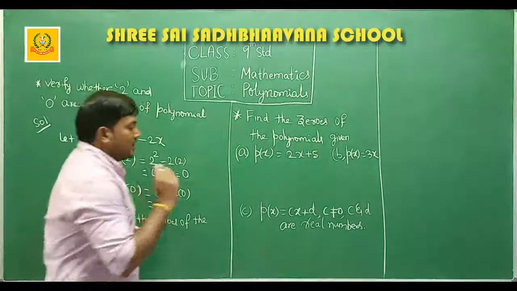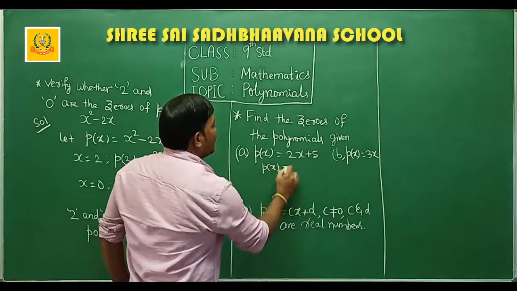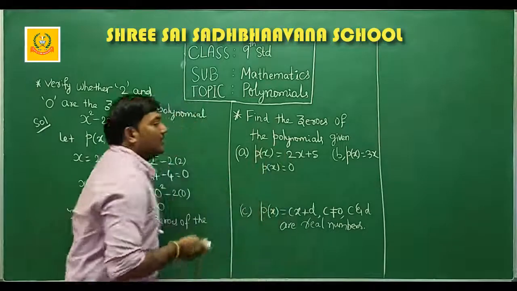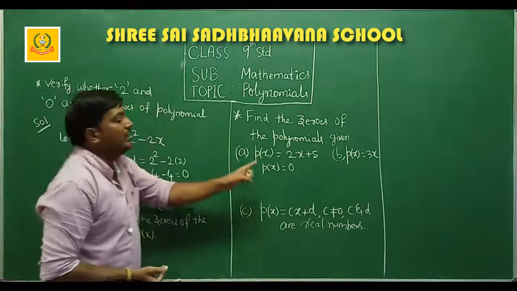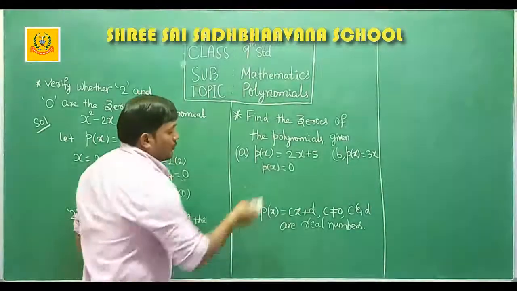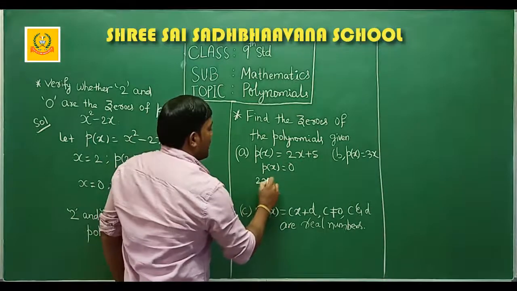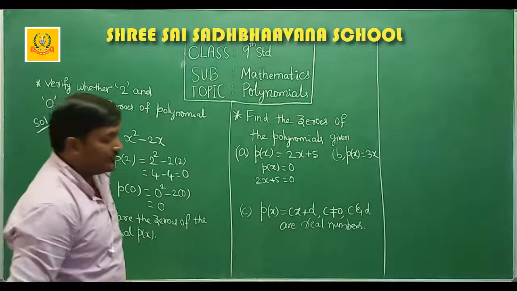So the first step to find the zero is to equate the given polynomial, whether it is p of x or g of x, to 0. Next, what is p of x given? 2x plus 5. So 2x plus 5 equal to 0.